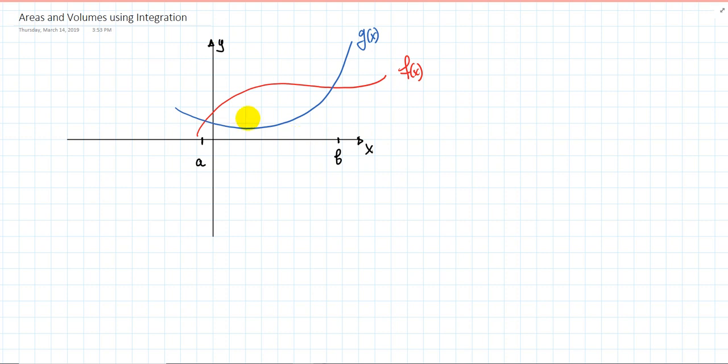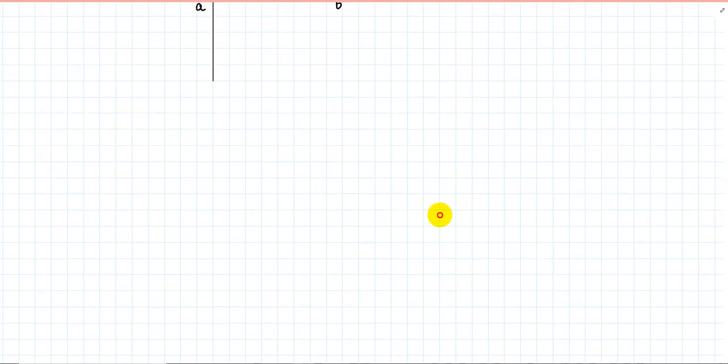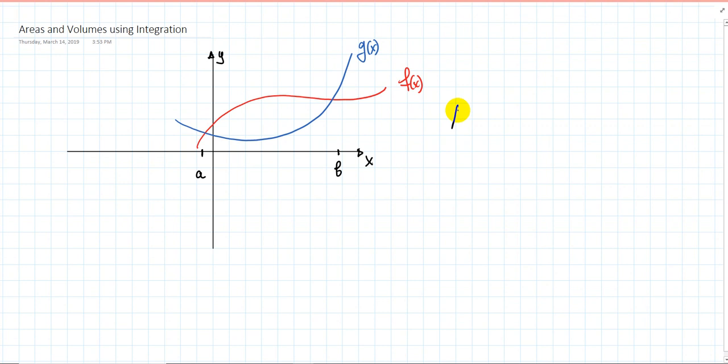So the area enclosed by these two curves is equal to the integration of f of x minus g of x dx. Since I'm writing here dx, it means x is changing. X changes from a to the b, right?